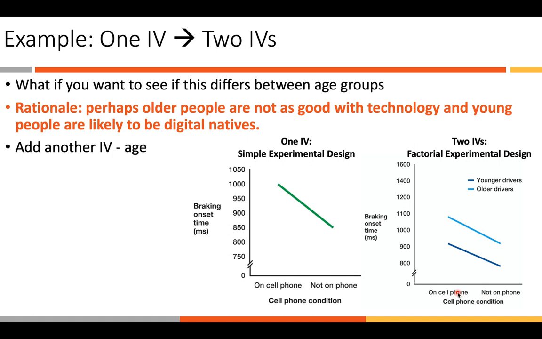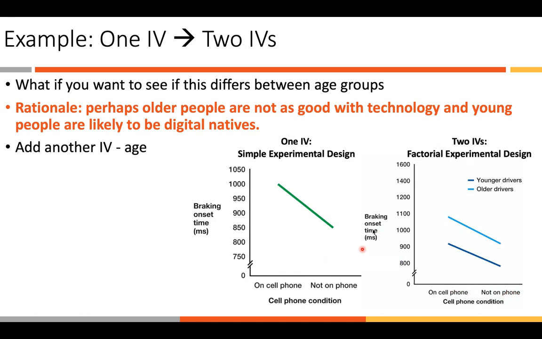So if we could say, what is the main effect of cell phone use? That would mean, what is the effect of cell phone use on braking without considering younger and older drivers? Like if we average these 2 lines together, if we pretended like these 2 lines didn't exist, if we pretended like they were one line, it would be right about here where my laser pointer is. If we collapse these lines into a single line, and we only considered cell phone use, what would the effect be?